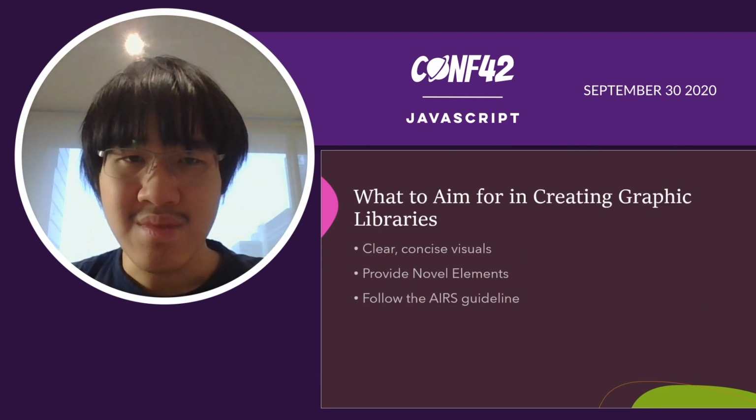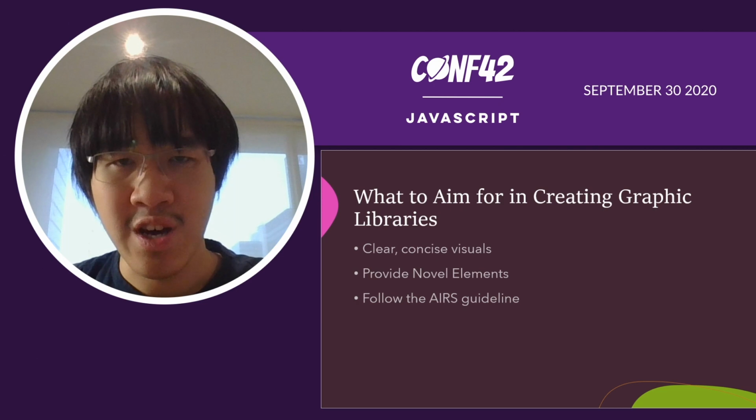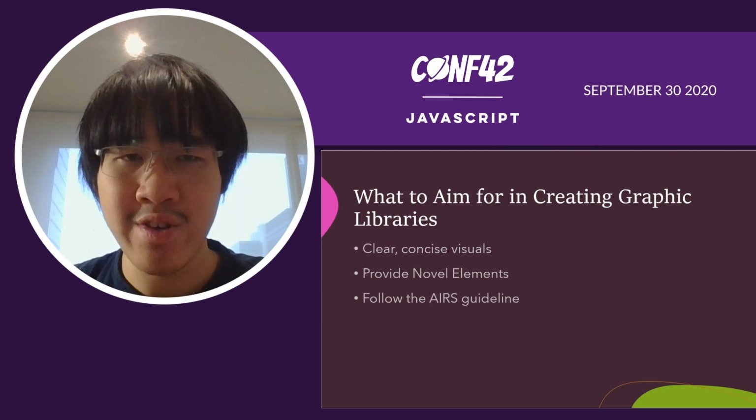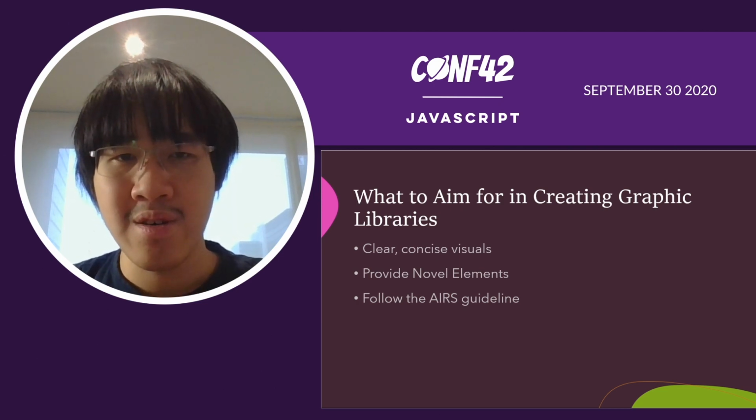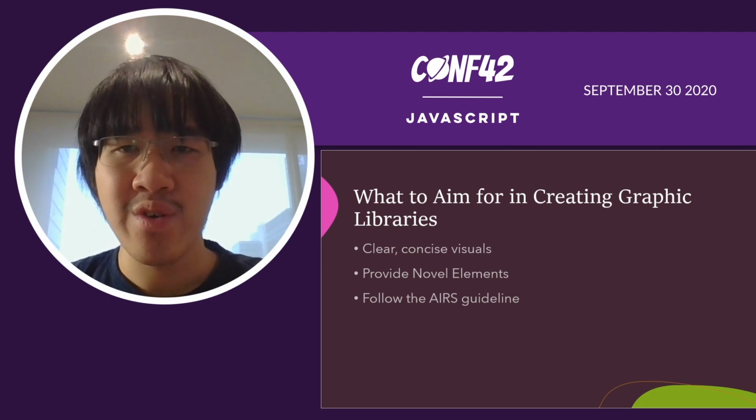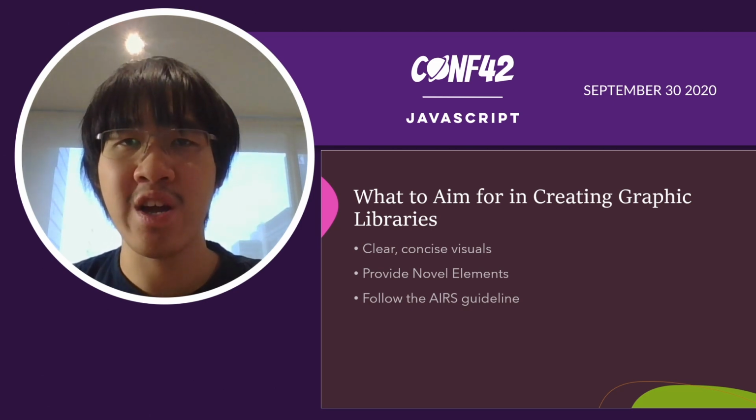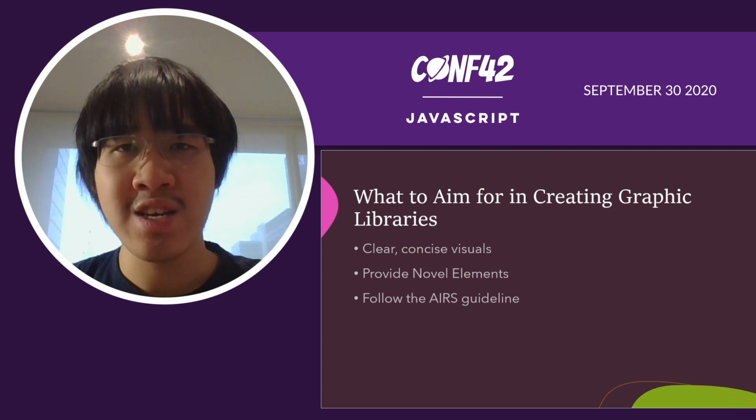First, we're going to start off with talking about what to aim for in creating graphics libraries. First off, clear, concise visuals are a must. When we create graphics libraries, we need to ensure that the libraries can portray a clear message. People should be able to interpret what we are writing easily.